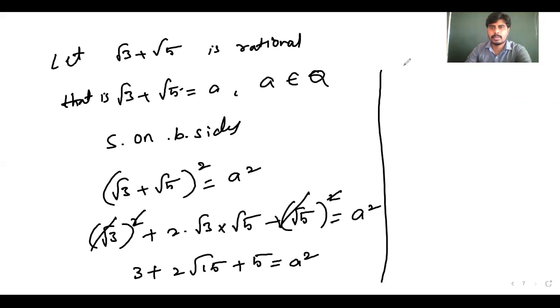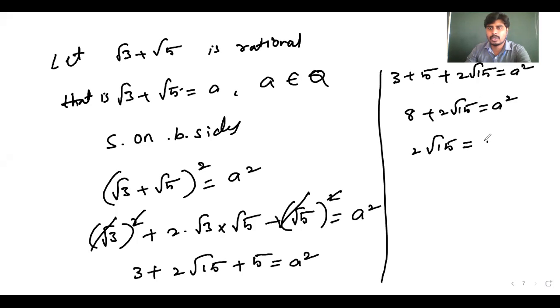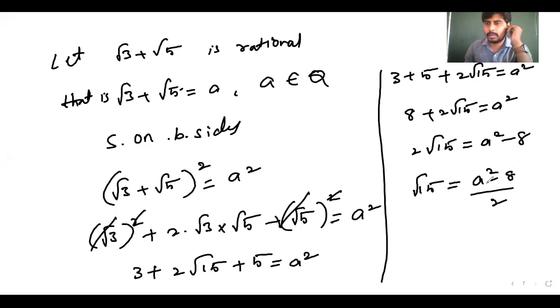Now this becomes 3 plus 5 plus 2 root 15 is equal to a square. So 8 plus 2 root 15 is equal to a square. 2 root 15 is equal to a square minus 8, transposing 8 to the RHS. Now root 15 is a square minus 8 by 2.